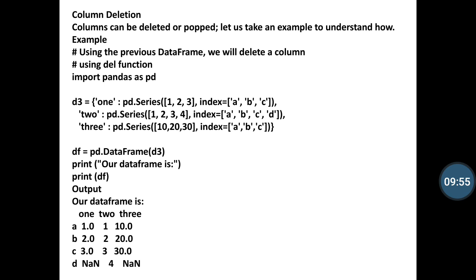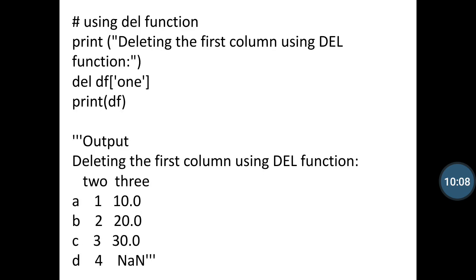After executing the program, you can notice that our program is run and our data frame is defining 3 columns. You can notice in the output. Using the del function for deleting the first column, I am defining here del df[1] and then print df.